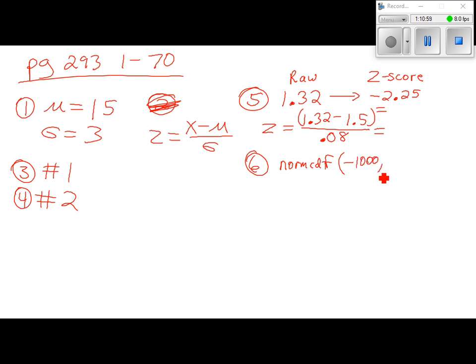High limit? 0.46. That's in the positive, right? So if we're doing positive all the way down this way, our area should be more than 50% when we get it. Do we need to put in a mean and standard deviation? No, because we're just using the standard normal curve. And it's 0.68.